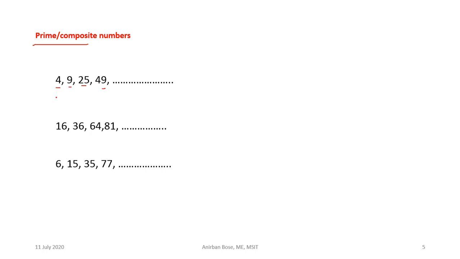Looking at the numbers, it is clear that they are squares of some numbers: square of 2, square of 3, square of 5, square of 7. And what are these numbers? 2, 3, 5, 7 are consecutive prime numbers. So what will be the next consecutive prime number? It is 11 squared. So the answer will be 121.